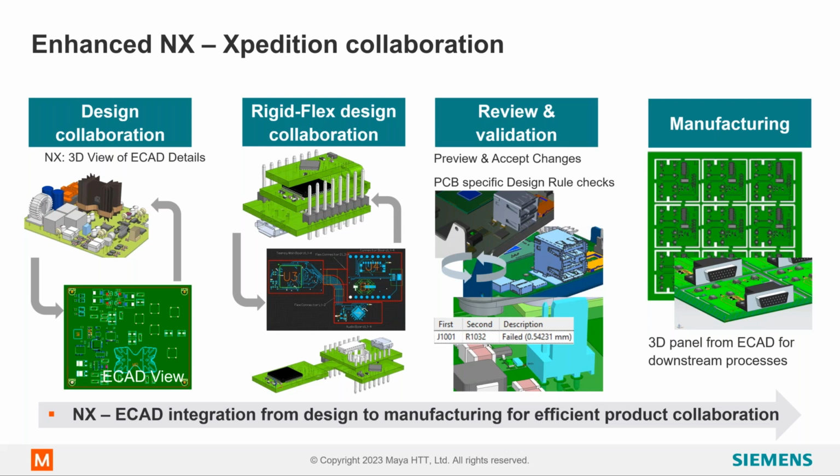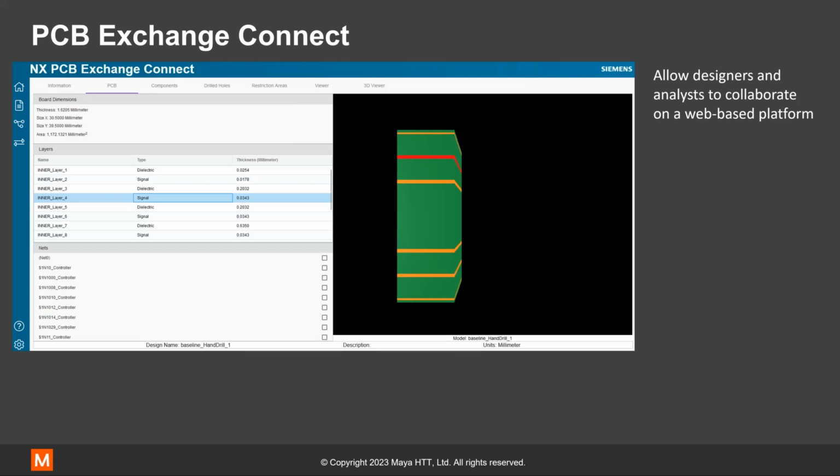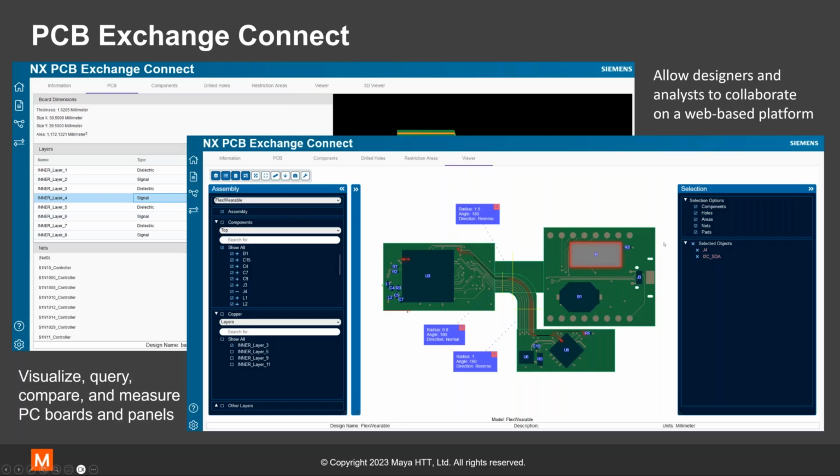If anybody's interested in anything like this, definitely reach out to us. We can help you explore what works best for your process and your workflow. Now, in addition, one of the products that Maya develops is PCB Exchange Connect. It allows designers and analysts to collaborate on a web-based platform. So this is fully on the web, and you can visualize, query, compare, and measure PCB boards and panels.